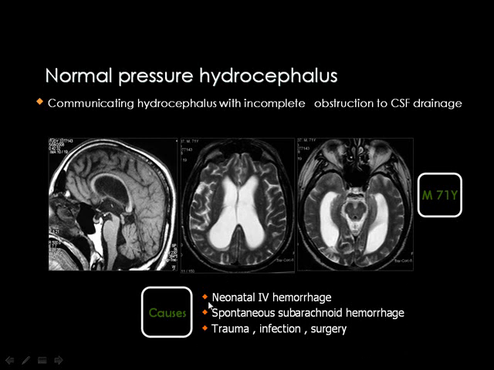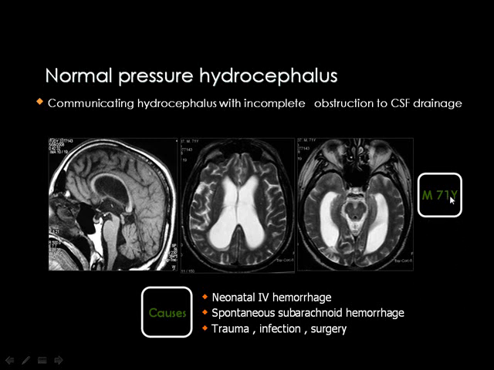They said that this patient may have had, in the early days of his life, a neonatal intraventricular hemorrhage, or spontaneous subarachnoid hemorrhage, or got a traumatic insult or infection or surgery that has resulted in disturbance of the arachnoid villi, resulting in permanent damage of the arachnoid villi, with this hydrocephalus manifesting late in life.